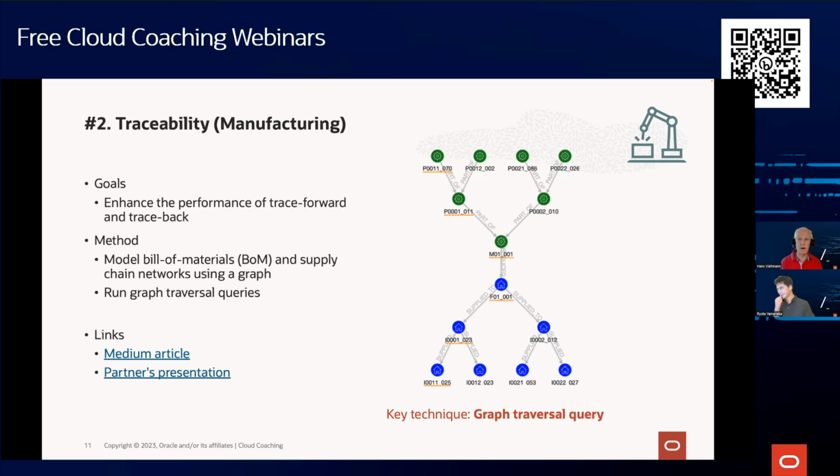He was primarily looking at how to represent these graph traversal queries using the match clause. And again, I'll paste the links in the chat in just a second. So I think with that we can move on to the next.